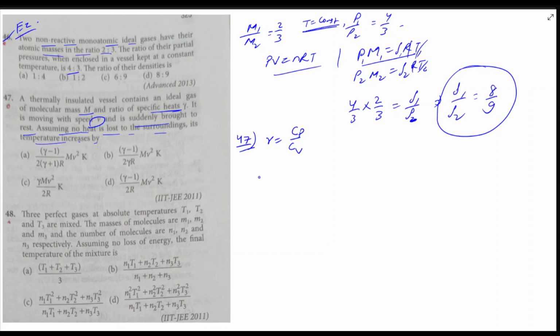If it is moving with speed v, it has kinetic energy half m v square, where m is the total mass of the gas. We will not take the mass of the container, I will just ignore it. If this is all the kinetic energy and it is suddenly brought to rest, the temperature will increase, so this is like heat.